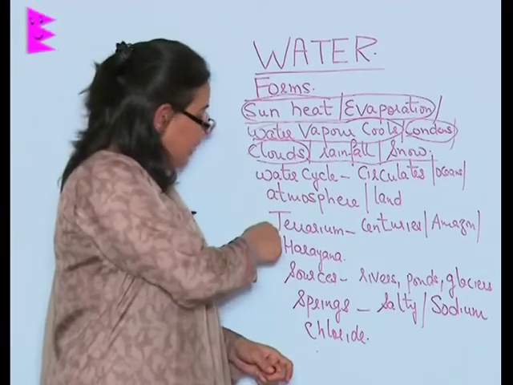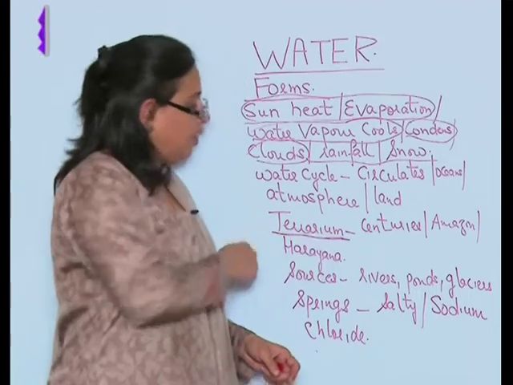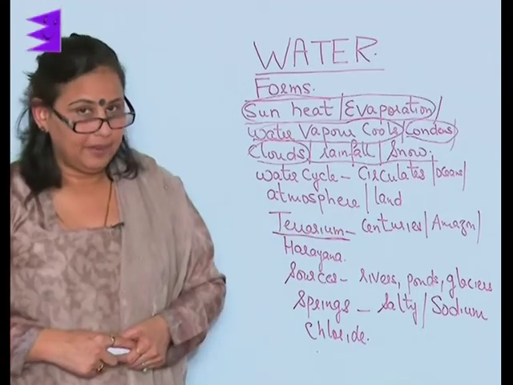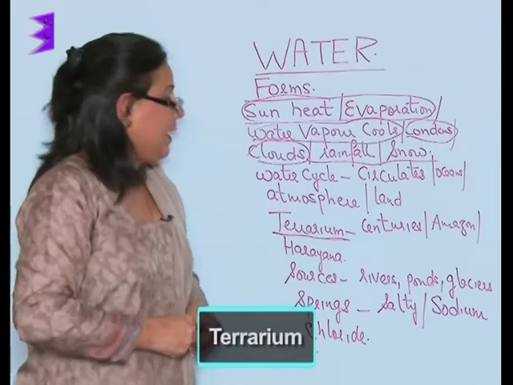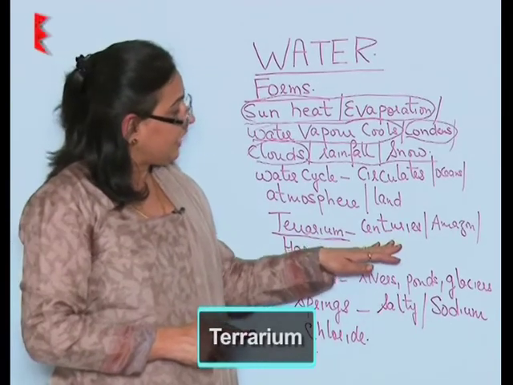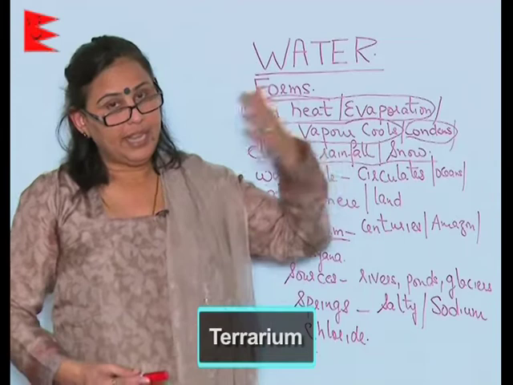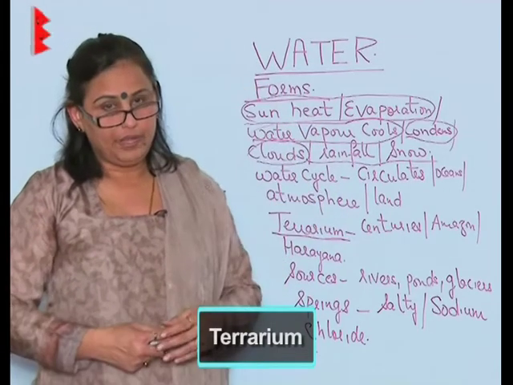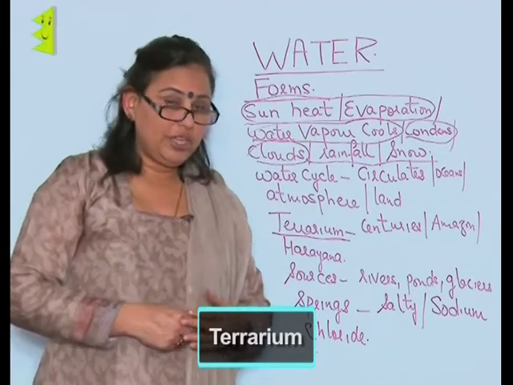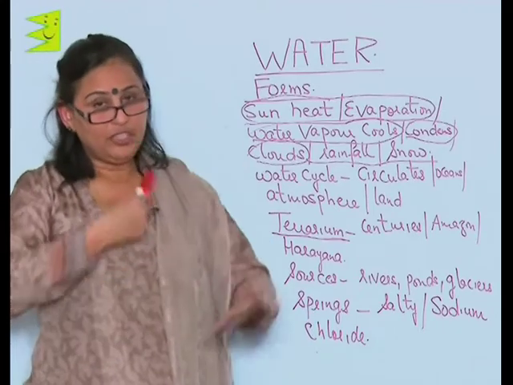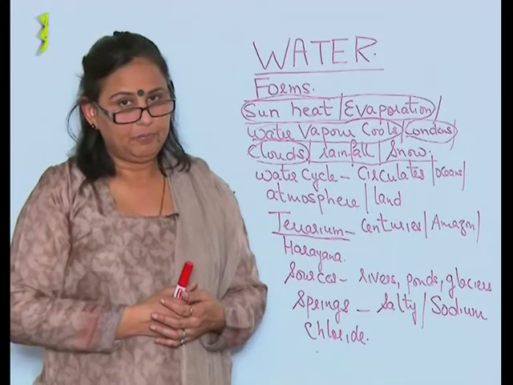Some people also say that the water on earth is like a terrarium. That is to say that for centuries and centuries the same water keeps on flowing, and its form keeps changing in the form of the water cycle.